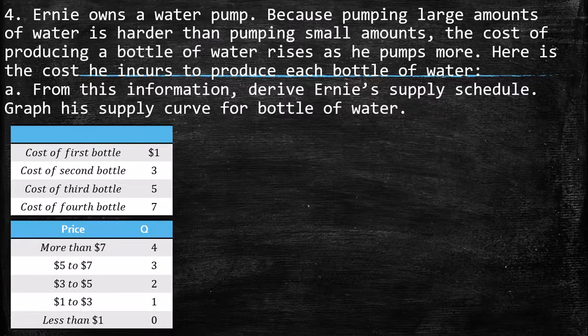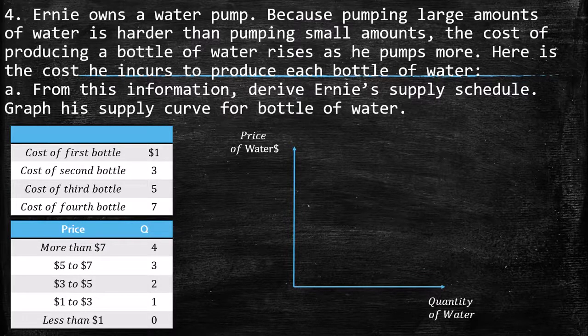So here we have the price of water on the y-axis and the quantity of water on the x-axis. When the price is less than 1, he will produce 0 bottles of water. But when the price is exactly equal to 1, he produces 1.